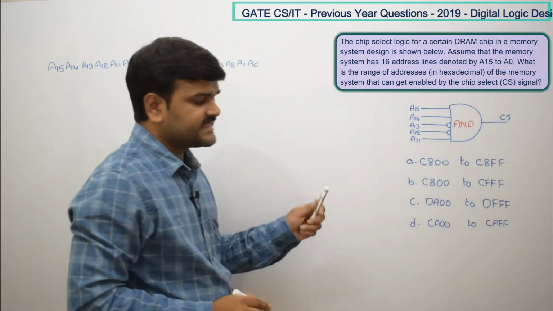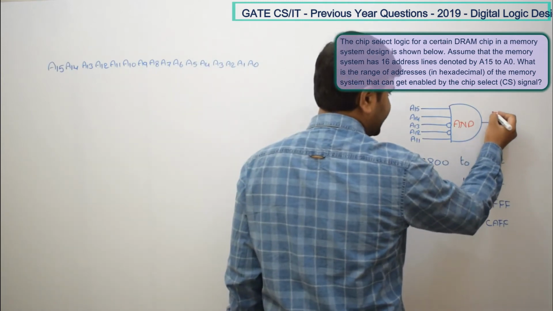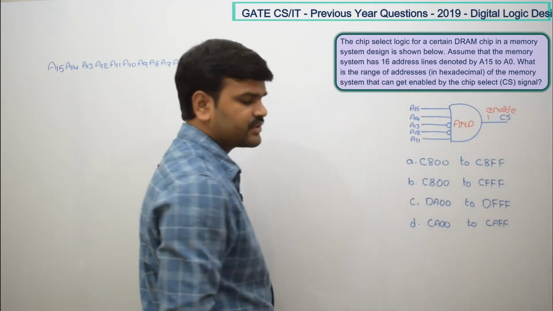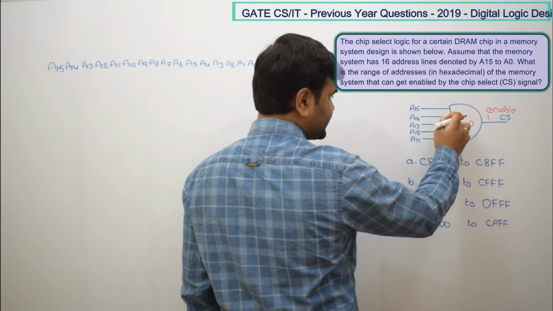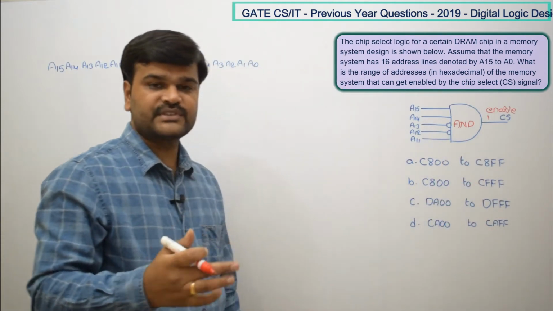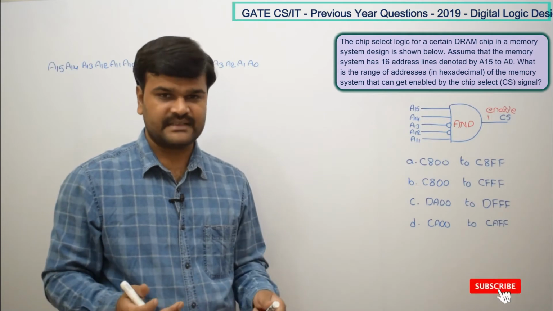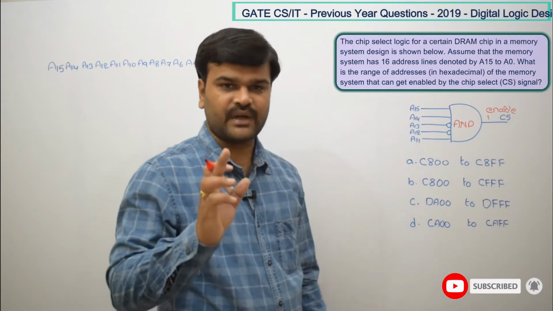For an AND gate to give output 1, that means enabling, what is the meaning of enable? It should give output 1. So if all inputs are high, then it is going to give output as high, that means 1.